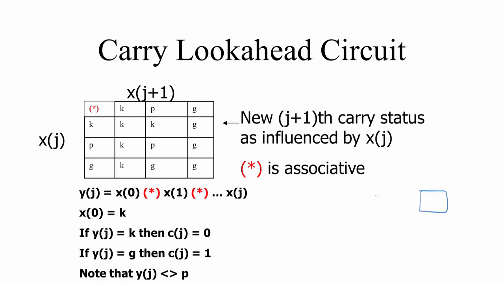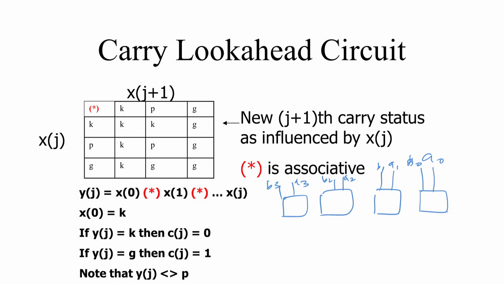So, let us draw say 4 stages, okay. Now, the A's and B's have come here, A0, B0, A1, B1, A2, B2, A3, B3, right. Okay. So, there is always 0.